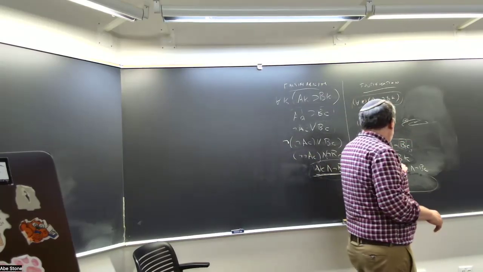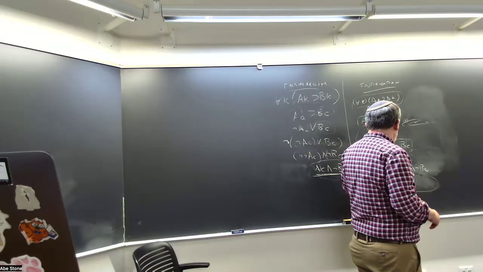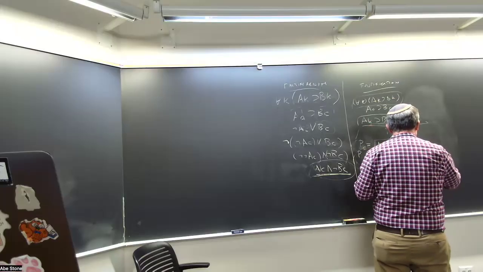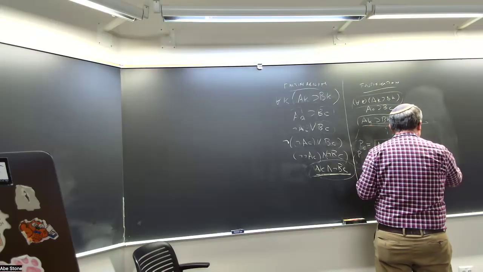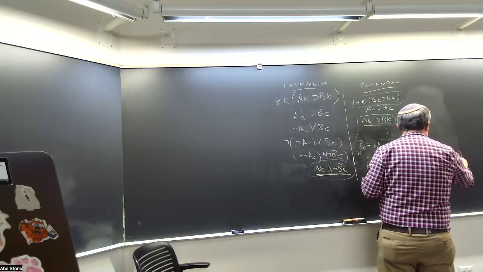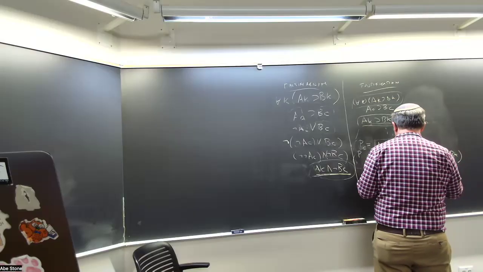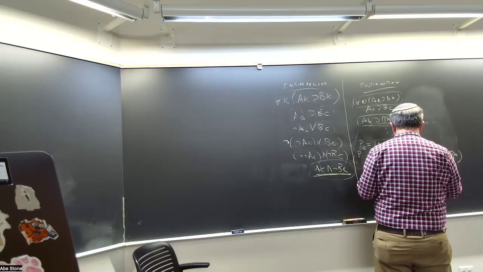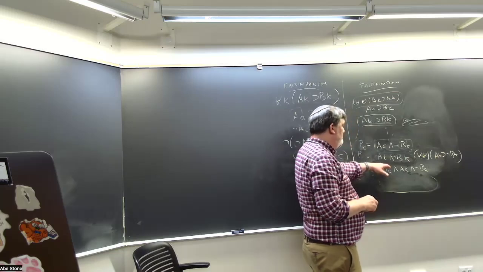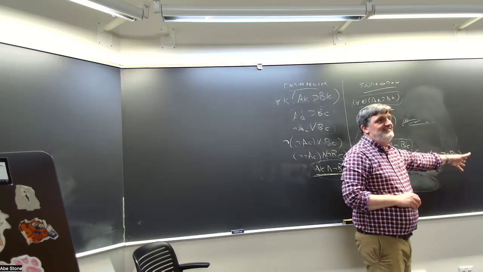Because any white swan would falsify it. Actually, so I guess the falsifying hypothesis would be... no, this is the falsifying, right? So the falsifying hypothesis would be that all swans are not white, right?